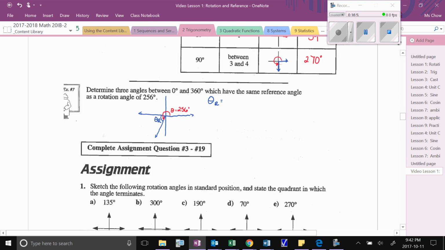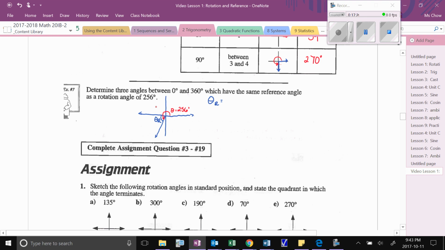Class example number 7 says determine 3 angles between 0 and 360 degrees. They had to give us a limit of 360 degrees. Otherwise, if we're talking about all of the angles, we've got lots of coterminal ones, and so there would be infinite possibilities. We want the same reference angle as the 256 degree angle, that being your rotation angle. So we need to figure out what the reference angle is.